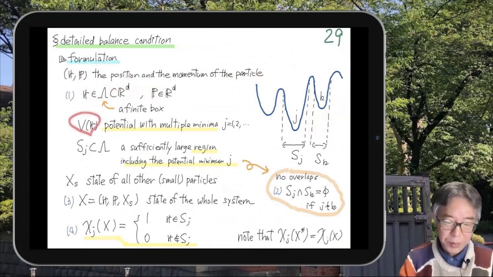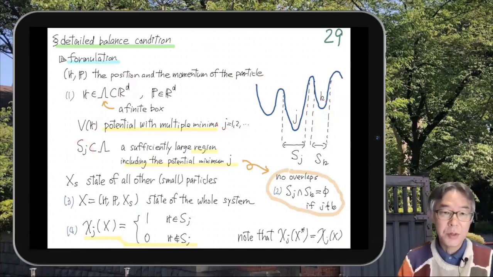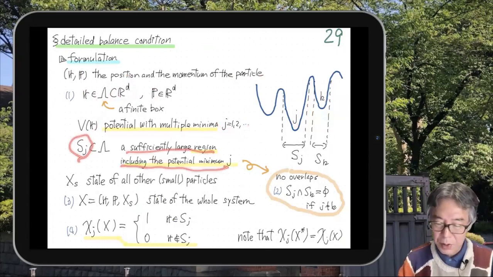And V(r) is the potential for this single particle, and it has many sharp local minima, denoted by j equal 1, 2, 3. And by S_j, we denote the support of the local minimum. This S_j is a sufficiently large region including the potential minimum j.